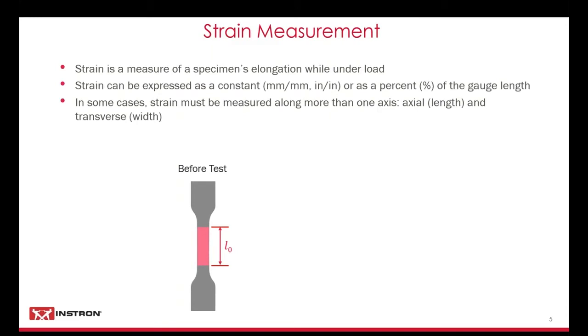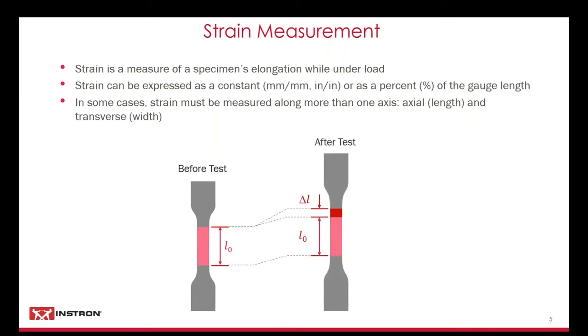So it could be axial strain or transverse strain. There's also diametral, for say a round specimen in compression, to see how much the diameter changes. So L naught in this image would be the initial gauge length, and then you have some delta L that's added onto the length as it's pulled. In this example, it's under tension.